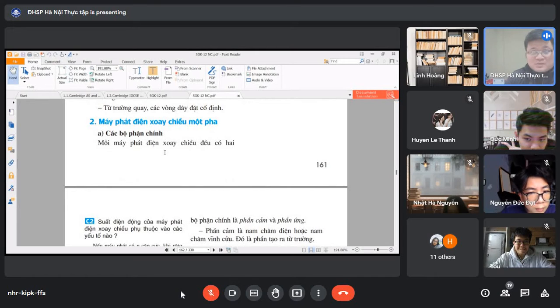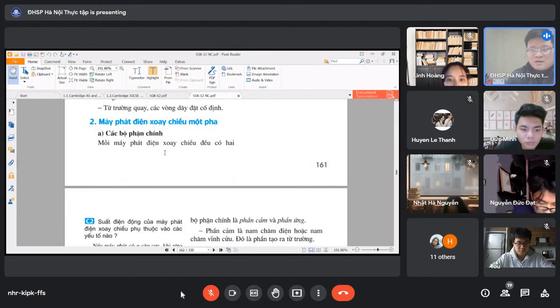But the last part is the structures of the components inside a certain machine. How can they be arranged together in order to make use of the principle for the machine to function as we expected? So the question for this part is like, what components are there inside electrical generators?